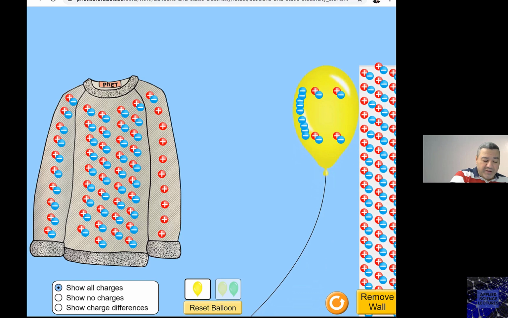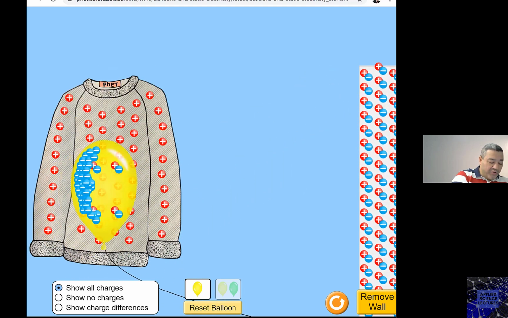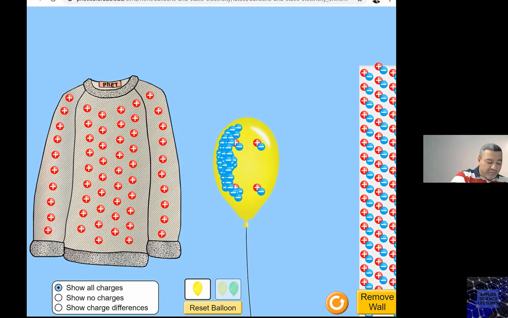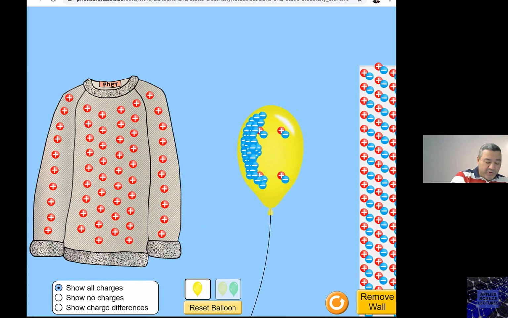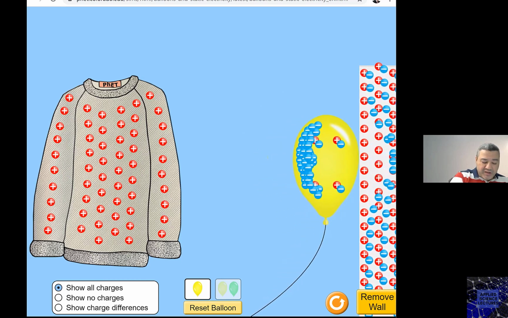If you notice, if I rub this against this sweater, then I can collect more electrons. Notice what's going to happen now to the charges in the wall. Now I have more negative charges, more electrons, on the balloon.